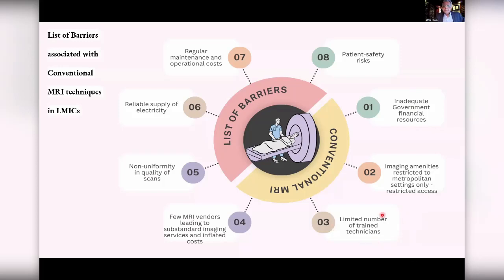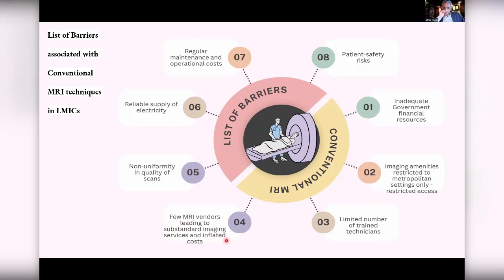There's a limited number of trained technicians. There's always a shortage of those, because those who get trained are just sucked out into the Middle East or some other country because they get better pay over there. So we always have a shortage of trained technicians.